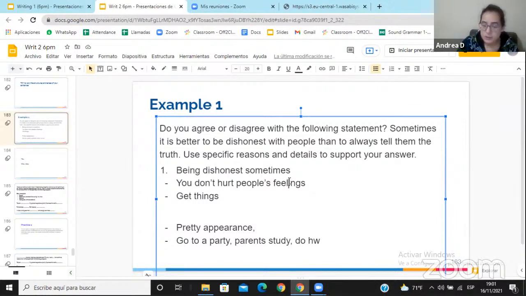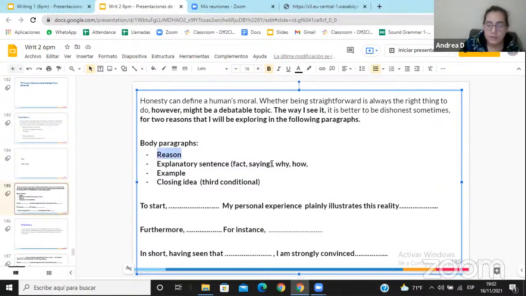So you can say something different, not necessarily the same as what you already said, but something that explains a bit more your reason. It needs to support that idea. It could be a fact, it could be a saying. If you know an expression that has to do with what you're saying, you can use it too. Or it could just be an explanation of why.